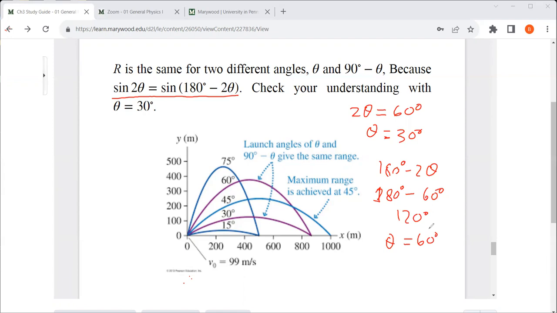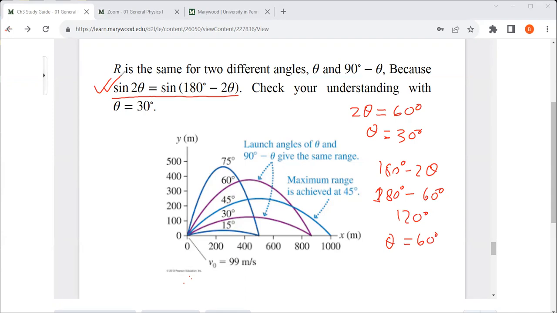So when theta equals 30 degrees, by using this equation you can show that the other angle will be 60 degrees, and you already saw it in the simulation, right?